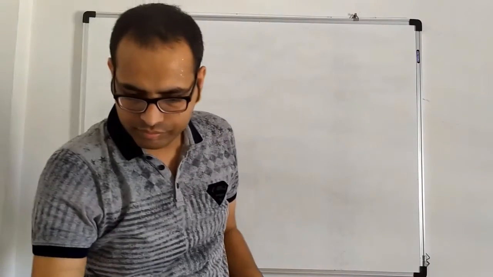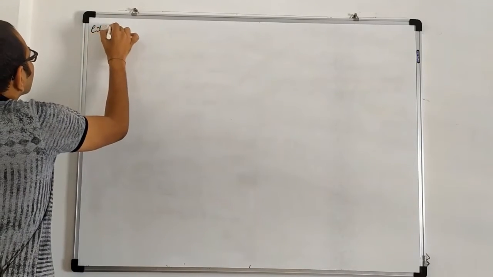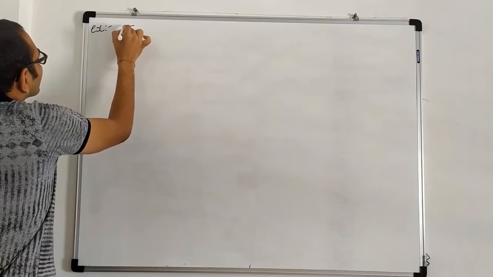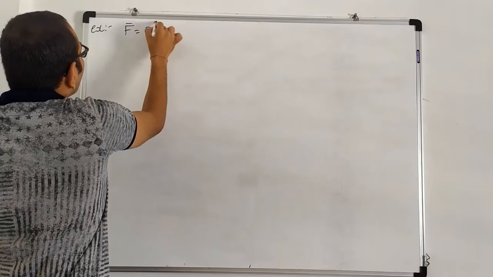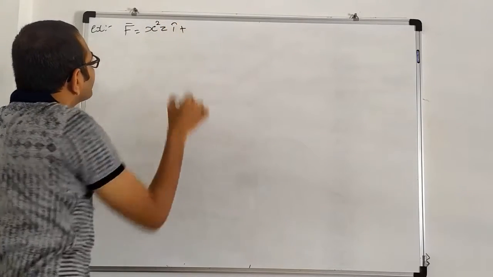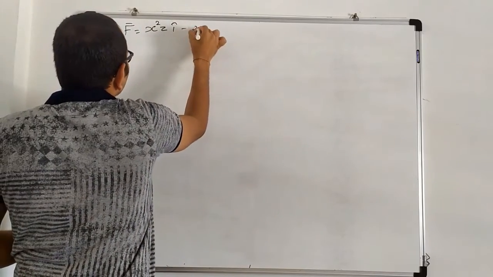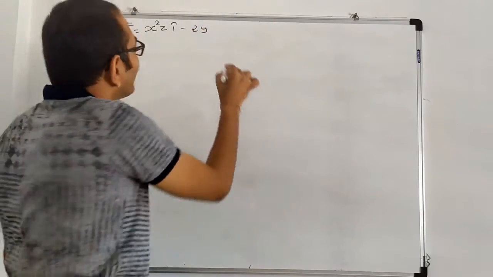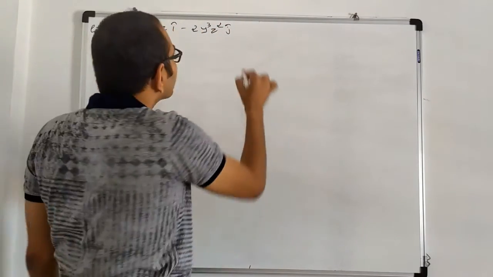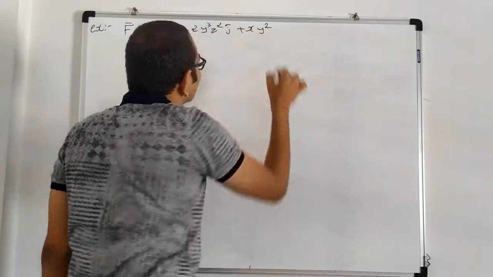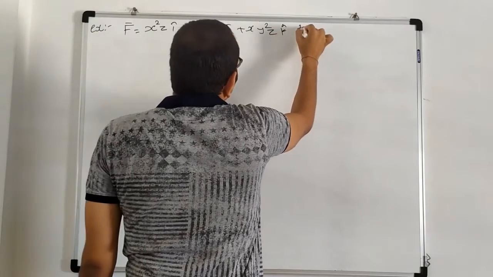Example: F bar equal to x square z i cap minus 2y cube z square j cap plus xy square z k cap.